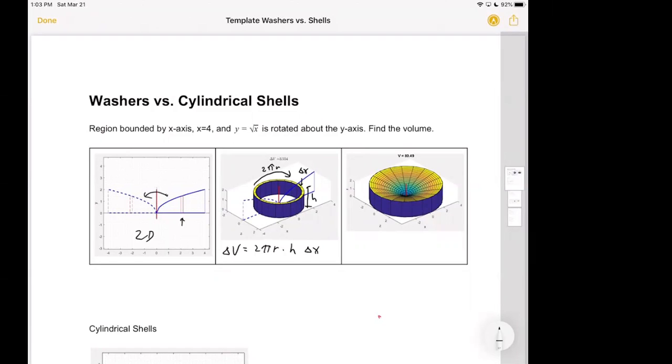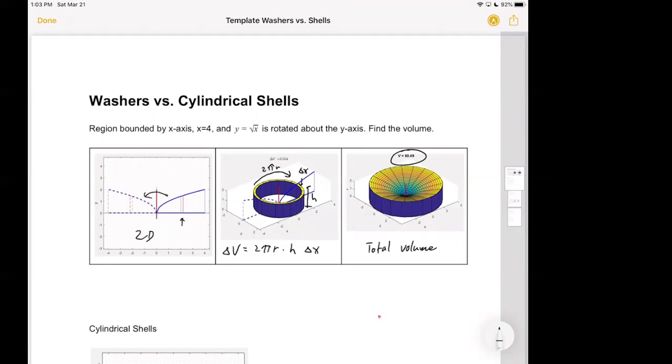So the product of those three dimensions gives you the volume. When you fill the region with rectangles and rotate them all, this is the total volume picture right here. And our computer calculated that the answer would be about 80.49 cubic units.